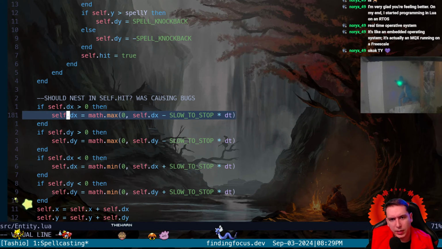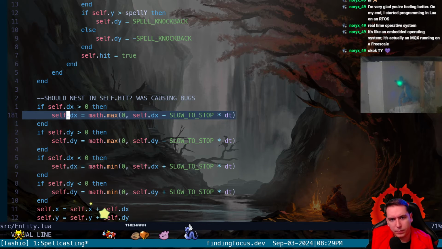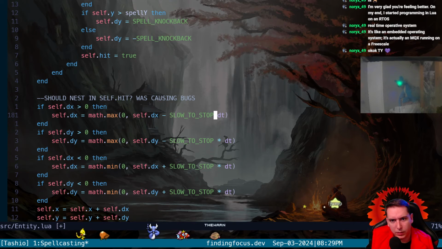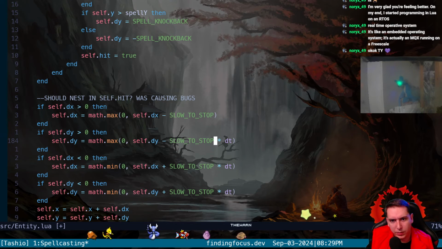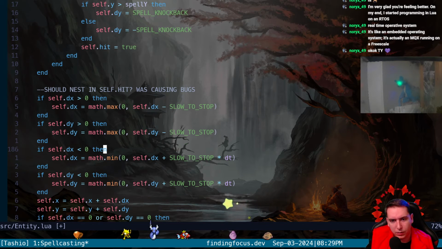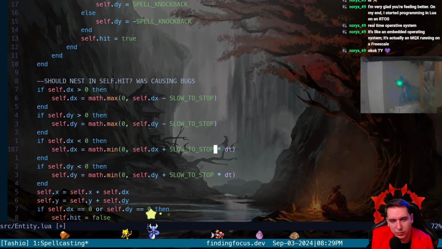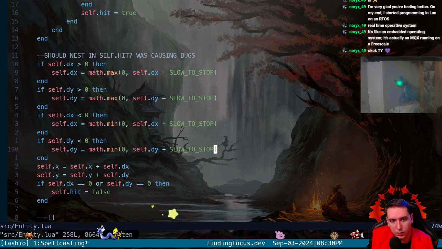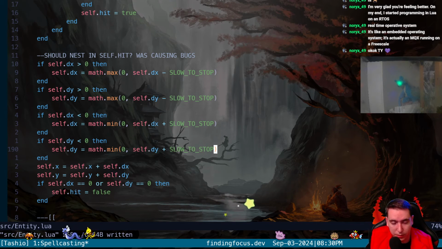Because if we didn't scale this by delta time here, then depending on the frame rate, we would be adding a different value. Like, I'm curious what happens. Oh, that would change it by so much. Let me try to get rid of delta time here. I know, that should be the fix, is to add delta time here.